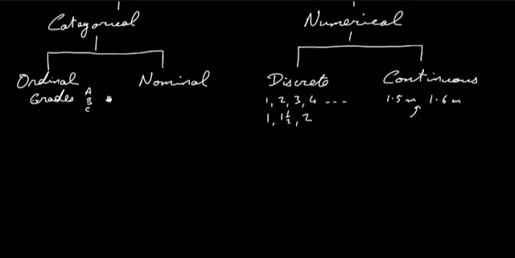Okay, so let's have a look at the types of graphs that you can draw representing those types of data. The first one I'm going to have a look at is a line plot, or some people call them dot plots. Let's take, for example, a certain number of different colored cars.